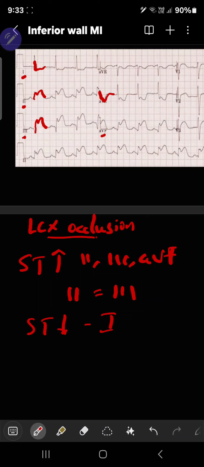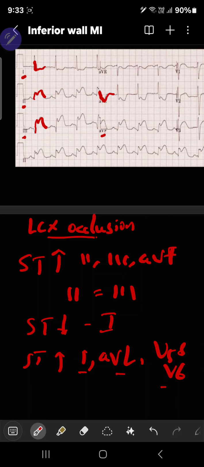And in some ECGs there might be ST elevation in 1, AVL, V5 and V6. That can be called inferolateral wall MI, where in V5, V6, 1 and AVL there will be ST segment elevation.